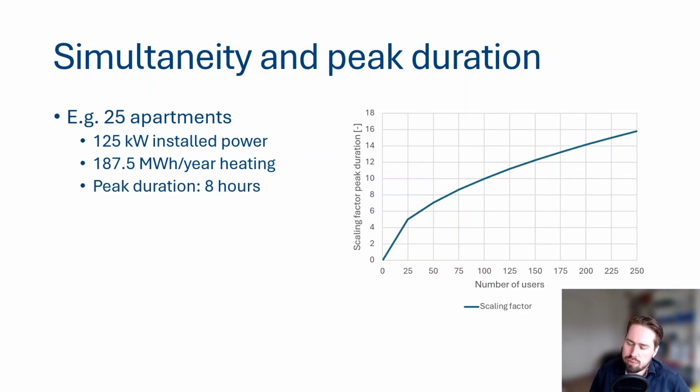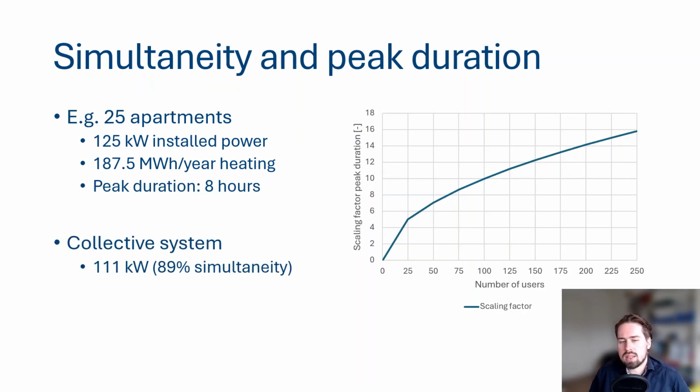Then we can convert it towards our collective system, which has then 111 kilowatts of peak heating due to the simultaneity factor of 89%, which we saw earlier. We know that our energy demand is the same, because we do not change the energy demand, we're just changing the resulting peak power, not the installed one, but the resulting peak power for our borefield design.